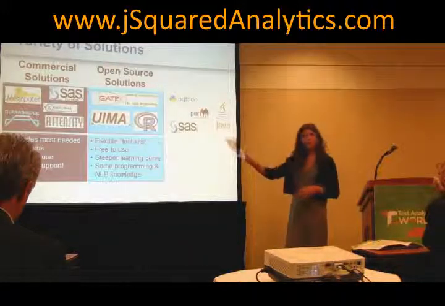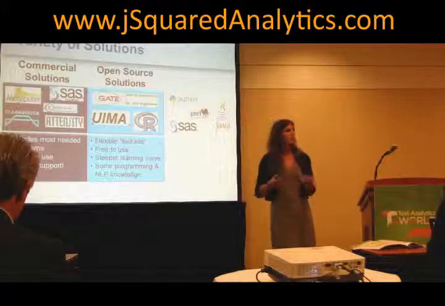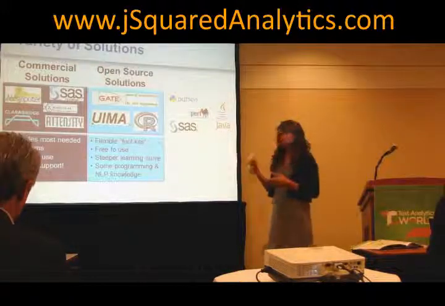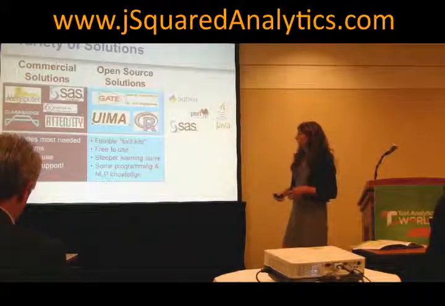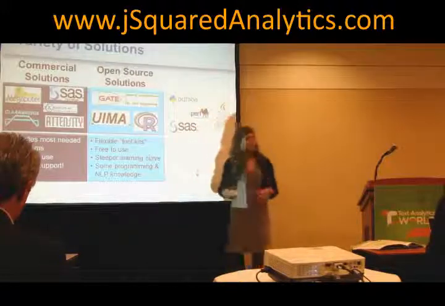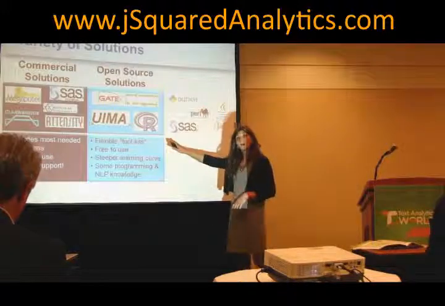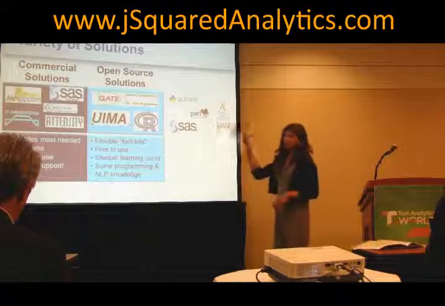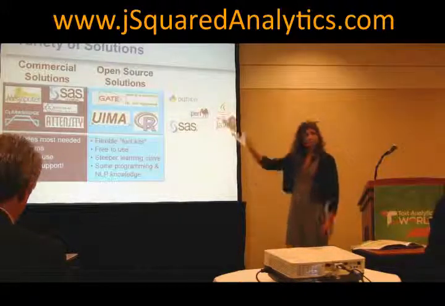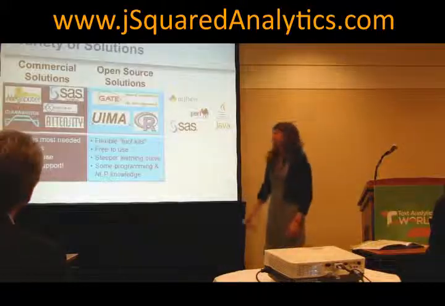They do a lot of the hard work for you, but because you have to stitch these pieces together, it still requires some knowledge. You probably need some NLP knowledge and some basic programming knowledge. If you want to use Gate, which we'll talk about later, you need to know some basic Java programming. If you wanted to use R, you certainly need to know how to use the R language. So those are skills that have to be in-house if you want to use these. And again, if you have them, great. If you don't have them, not costless.